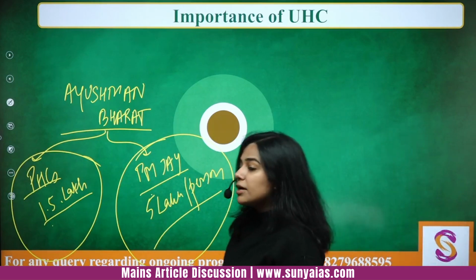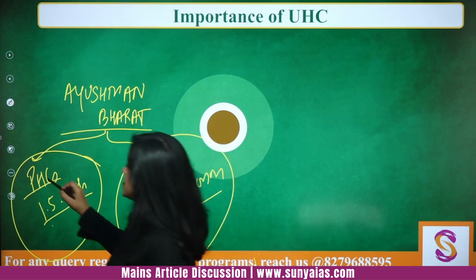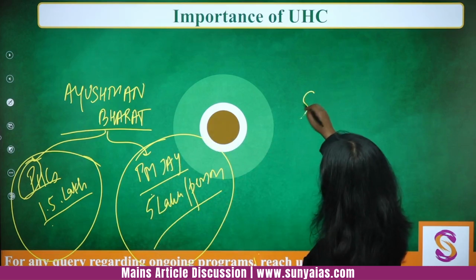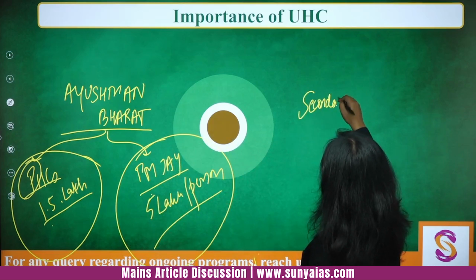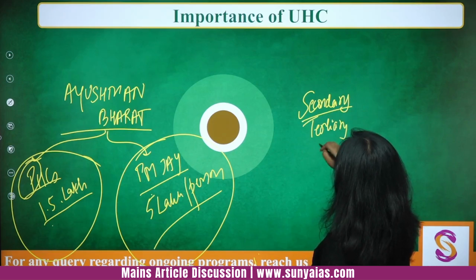And when you start making points, immediately you should be able to think that this is only primary healthcare. Okay, what about the secondary healthcare? What about the tertiary healthcare, which is the most expensive?